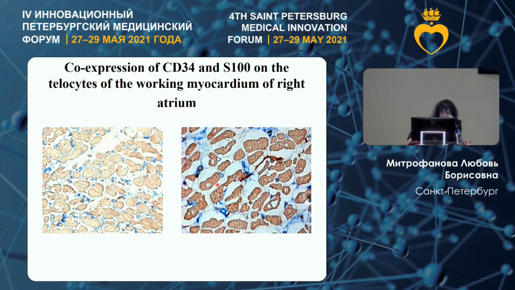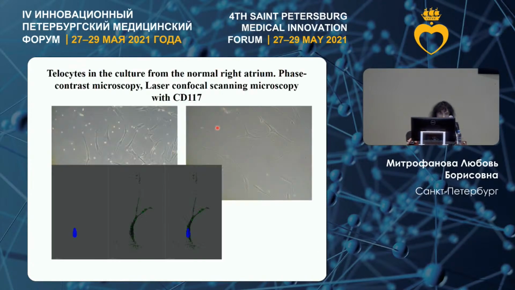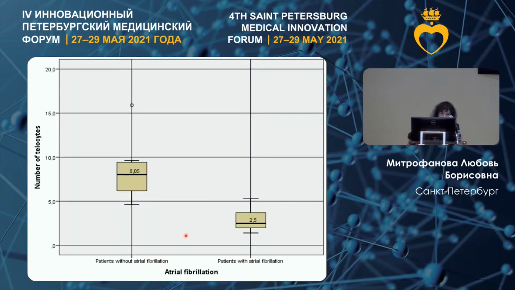Thus, we found in a working atrial myocardium, the crista terminalis is already in the working myocardium of the atrium. We found telocytes over there, and we did confocal microscopy. They have the same properties as the telocytes of the sinus node and as the other organs' telocytes, but we made one more step forward. We've grown the culture and proved that these are the telocytes.